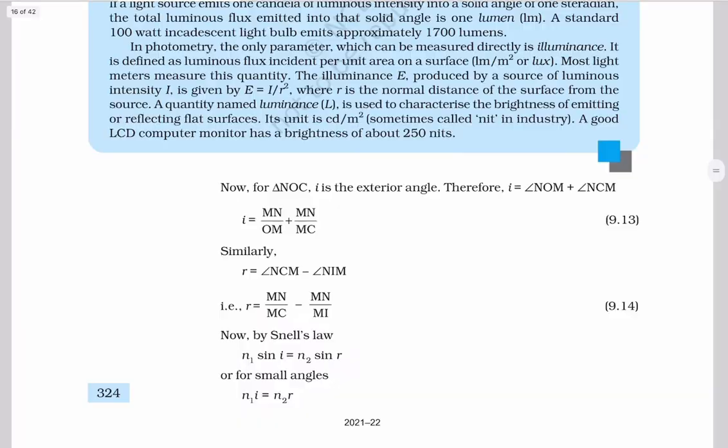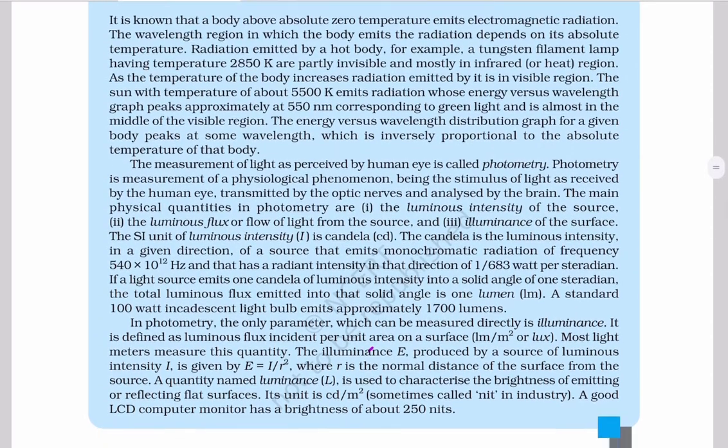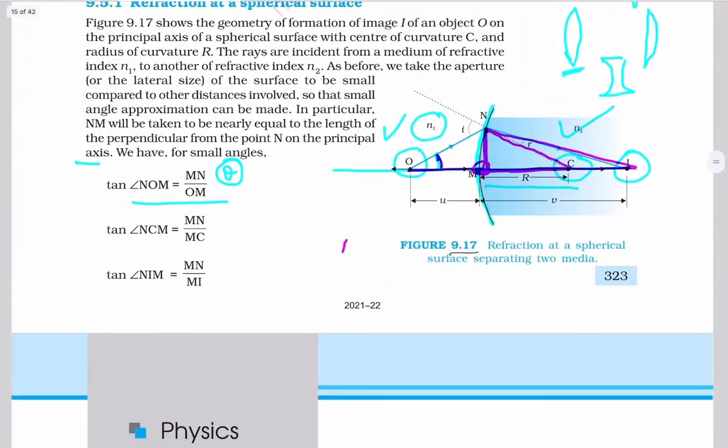So for triangle NOC, I is the exterior angle, therefore angle I is equal to angle NOM plus angle NCM.